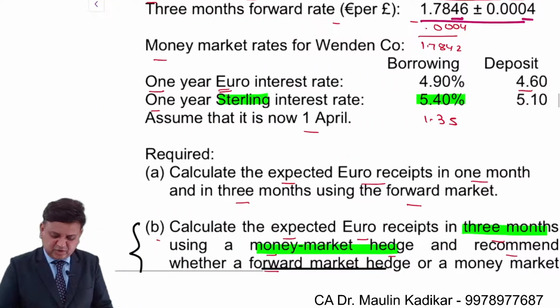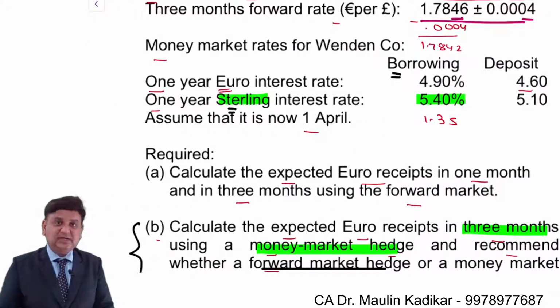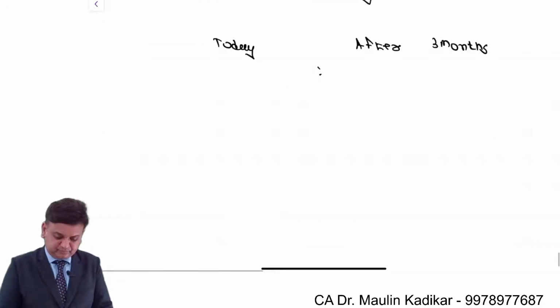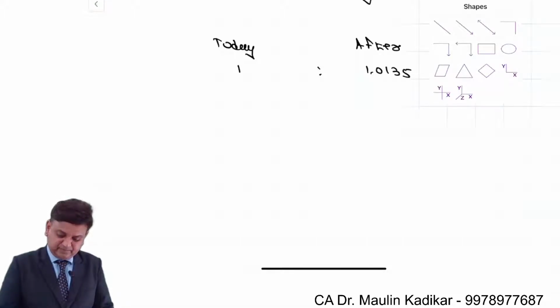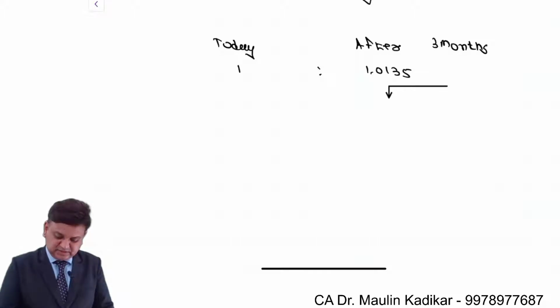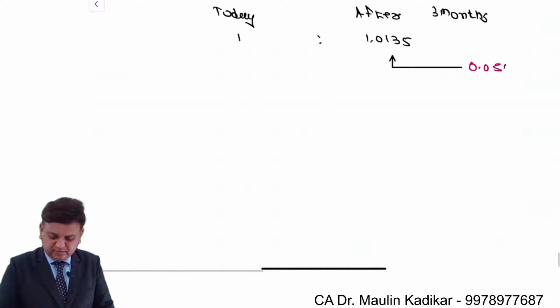We understand that the borrowing rate for sterling, meaning pound, is 5.4%. So every 1 pound that you borrow today will have the repayment of loan as 1.0135. So over here it is 0.054 into 3 divided by 12.